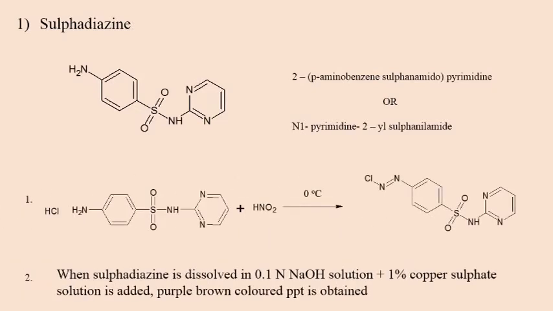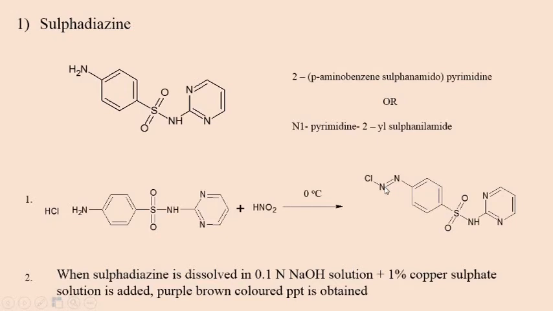Now, chemical properties, because we have just listed all the physical properties of all sulfonamides. One of the most important chemical properties of sulfadiazine is diazotization. It reacts with sodium nitrite in hydrochloric acid or acetic acid at 0 degrees Celsius, which produces a diazonium compound.